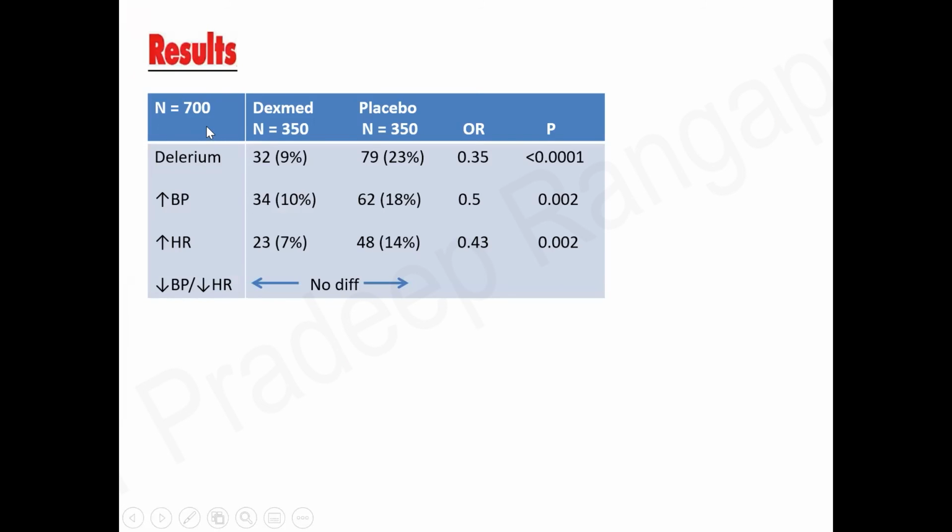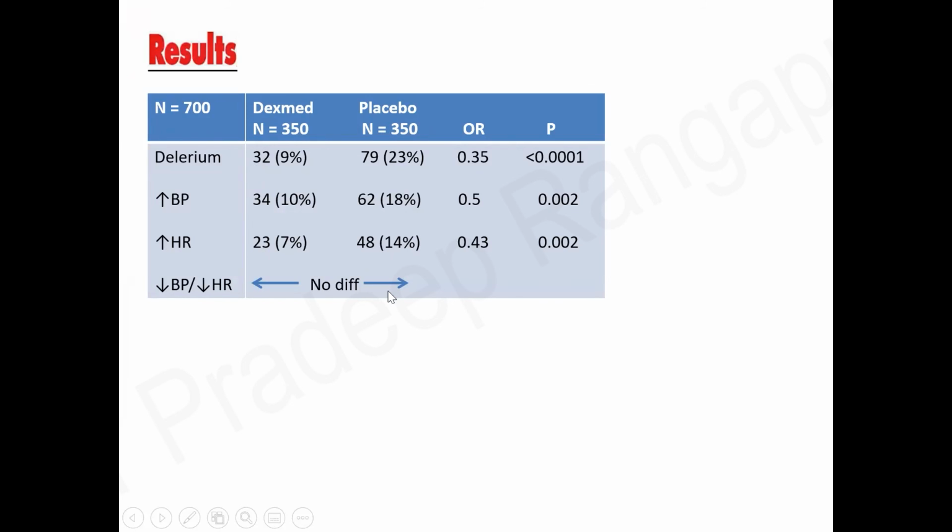And if you see the results, 700 patients, 350 in the Dexmed group, 350 in placebo. The delirium was 9% in the Dexmed group as compared to 23% in the placebo, statistically significant. And the hypertensive episodes were significantly less in the dexmedetomidine group as compared to placebo. Tachycardia rates were much lesser, 7% as compared to 14%. And in hypotension and bradycardia, there was no difference.